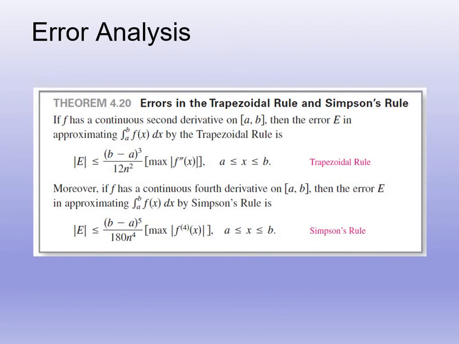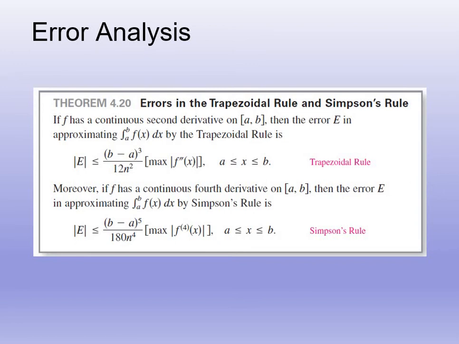So here's how we calculate an error. If we want to find the error for the trapezoid rule, it's going to be b minus a quantity cubed divided by 12n squared. Remember, n is still the number of intervals we're taking. And with Simpson's rule, it's b minus a to the 5th divided by 180 n to the 4th.